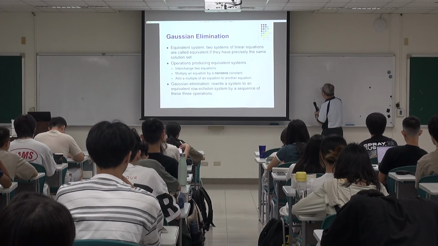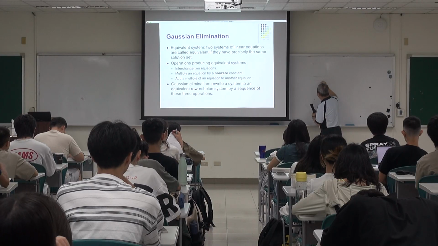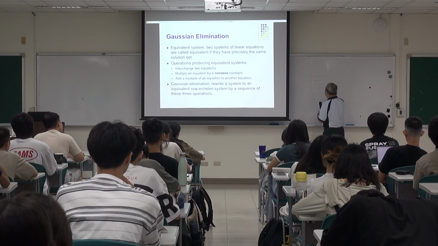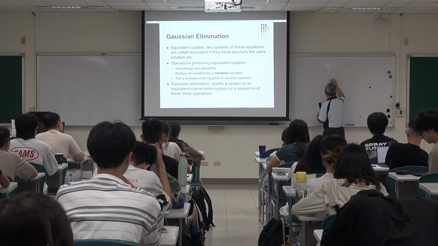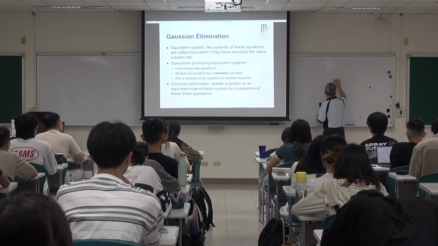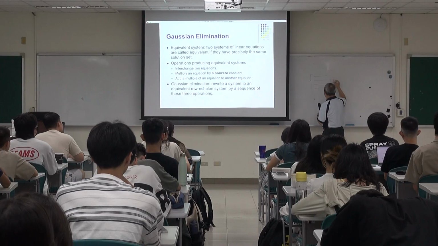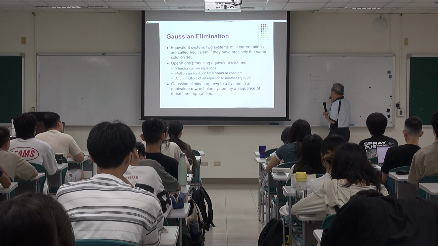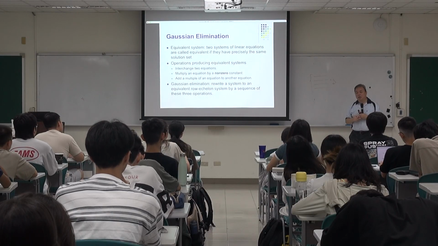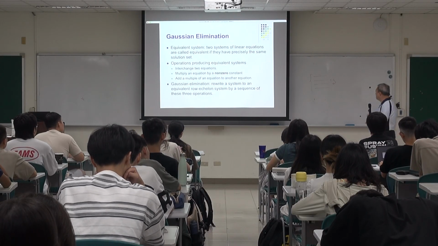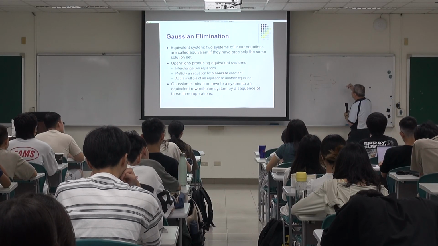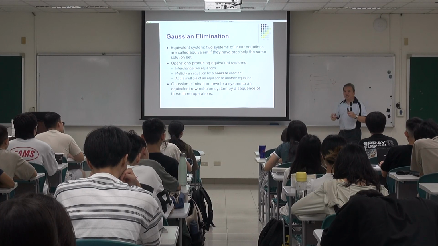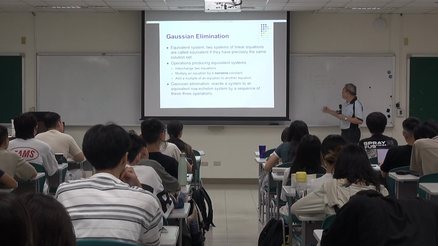you have an equation. And then, for example, you multiply this equation by a constant c, and then add to this one. Okay, add to this one. So let me just use some symbols.